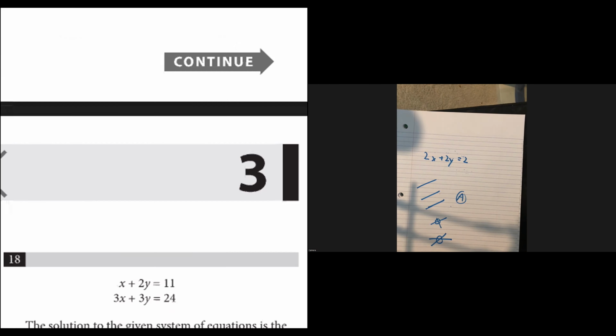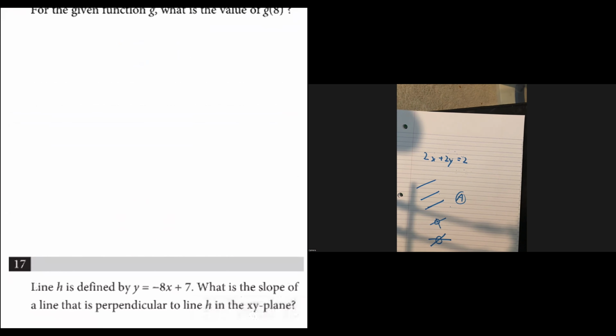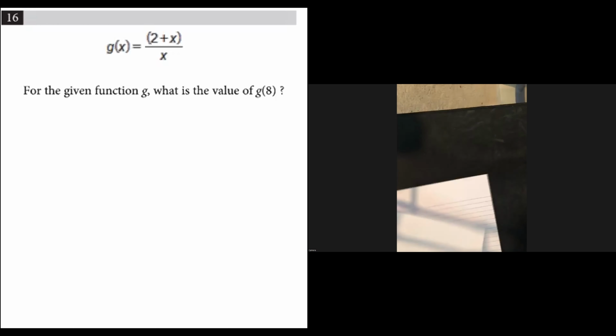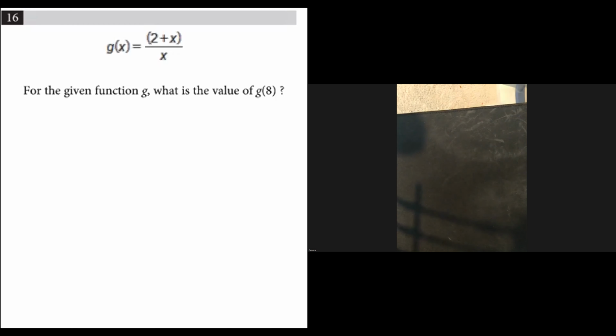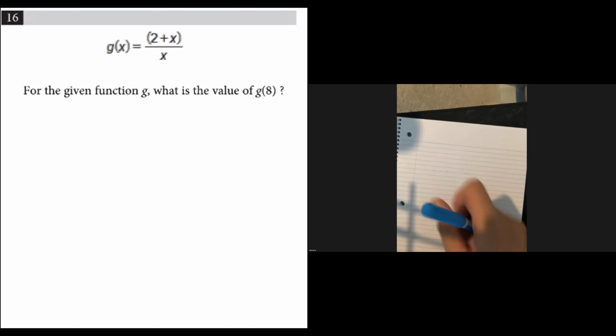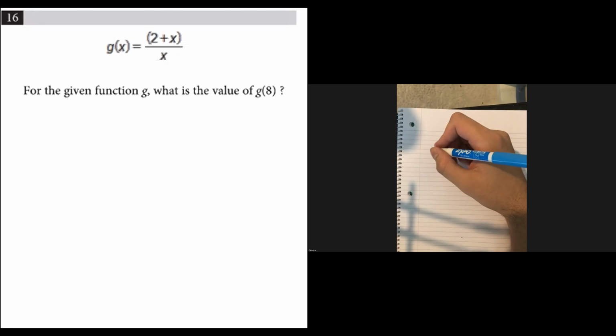And so we're given g of x is (2 plus x) over x. And so what is the value of g of 8? For this one, we would just plug in 8 for x.